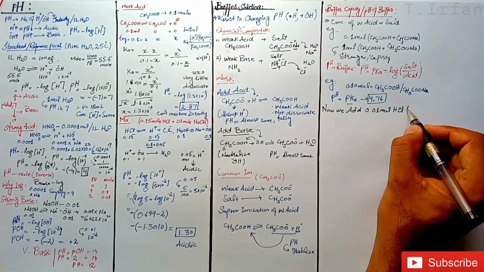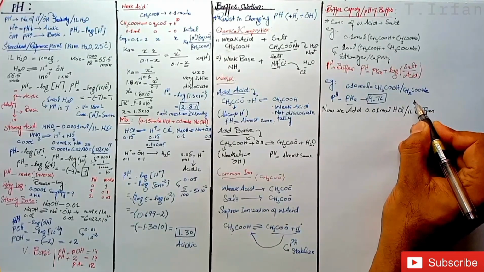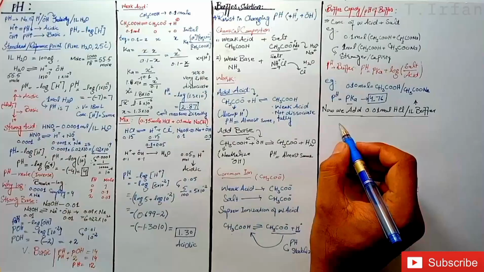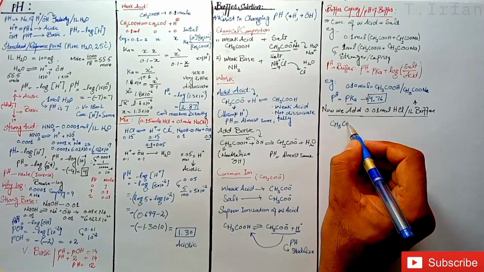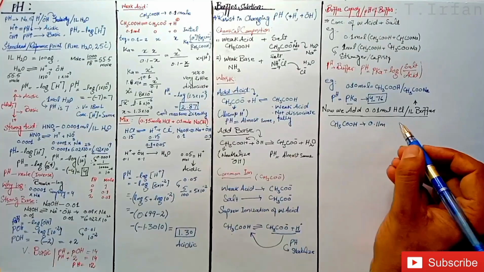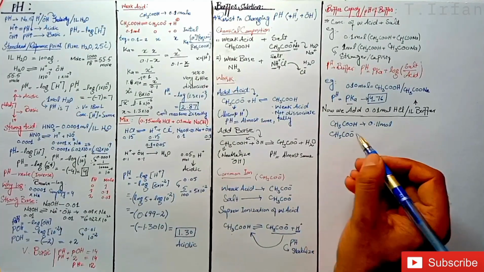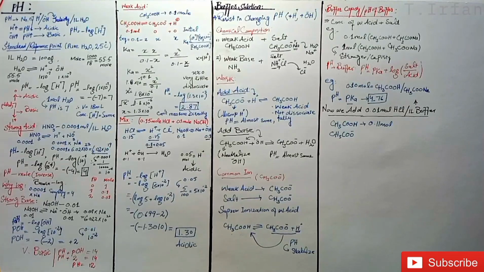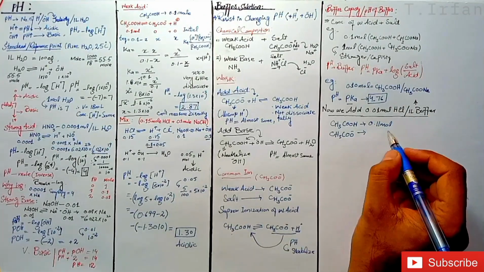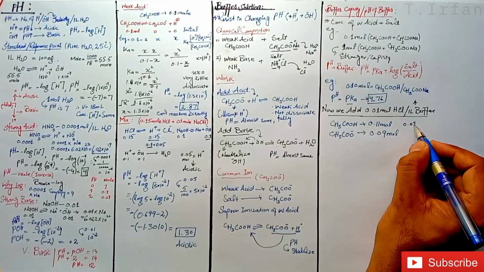Now we add 0.01 mole of hydrochloric acid in the above 1 liter buffer solution to check buffer capacity. As we add strong acid, 0.01 mole of hydrochloric acid, it dissociates completely and the number of hydrogen ions increases. And we can also say that the concentration of the acetic acid changed from 0.10 mole to 0.11 mole.